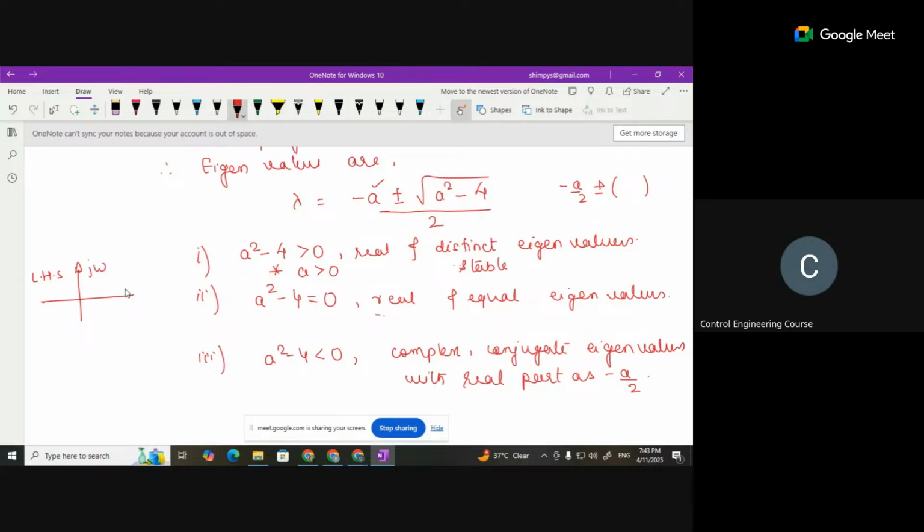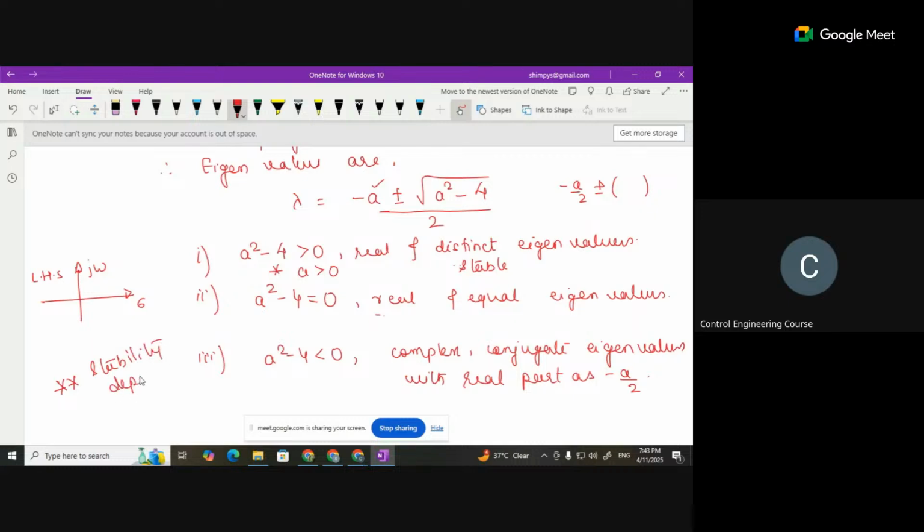Yes, ma'am. And again, if A is equal to 0, marginally stable because the roots will be purely imaginary, right?